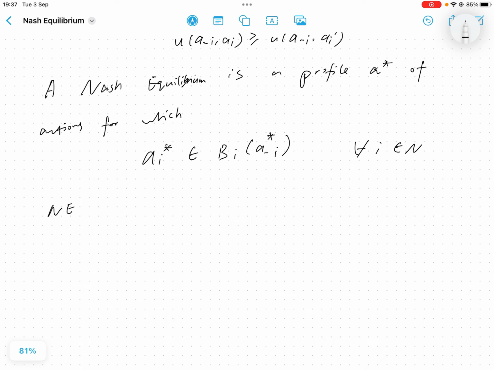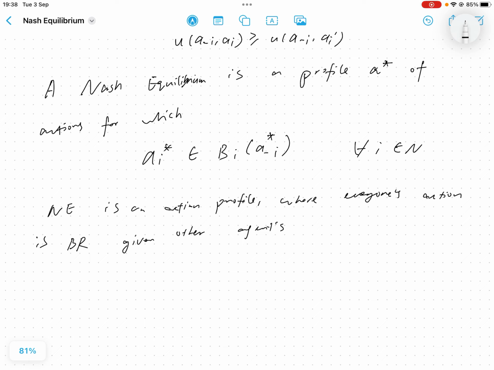So Nash equilibrium is an action profile where everyone's action is a best response given other agents' actions.